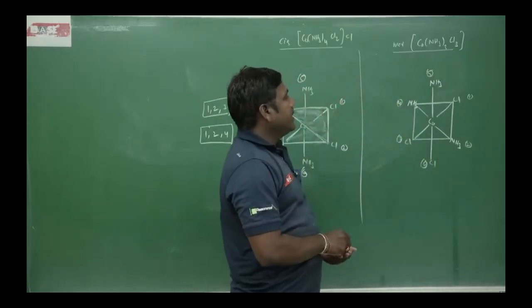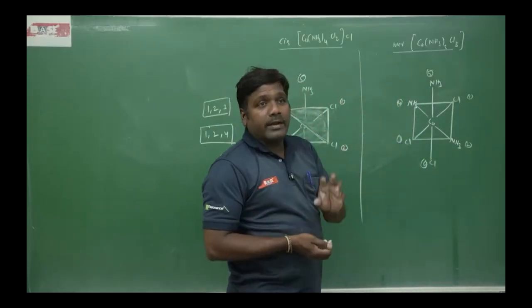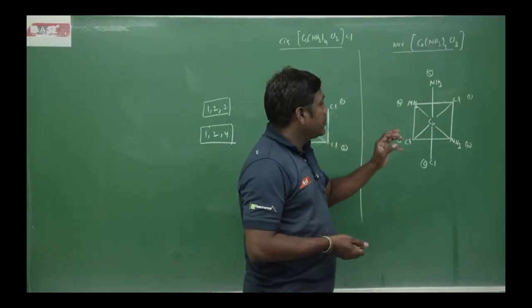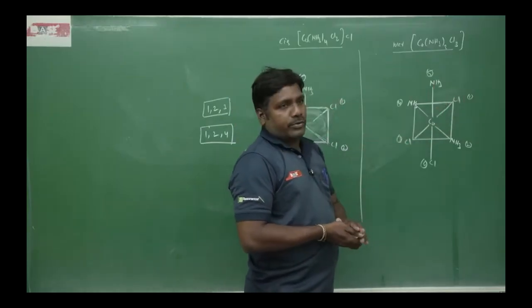Right, our question is, you have to take a triangular face in which 2 chlorine atoms and 1 nitrogen should be there.